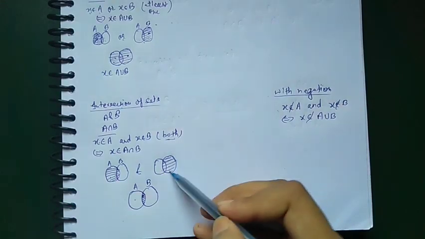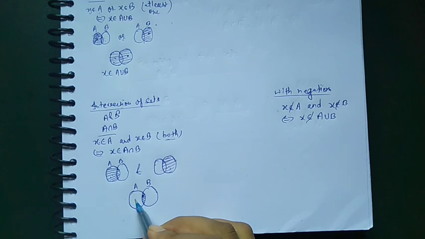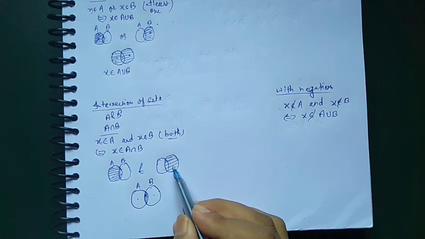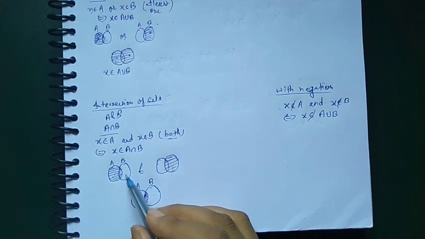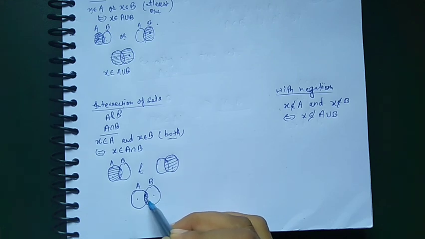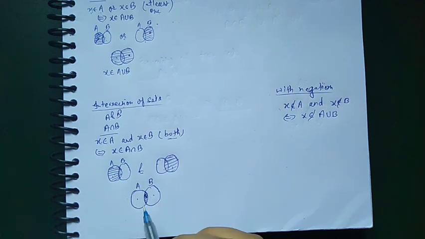But here both these Venn diagrams should be satisfied, so X can't be here. Also if you take X here, then the second Venn diagram is satisfied but not the first, so X will not be here also. Only possibility of X is here in this intersection region. If we take X here, then both these Venn diagrams will be satisfied.